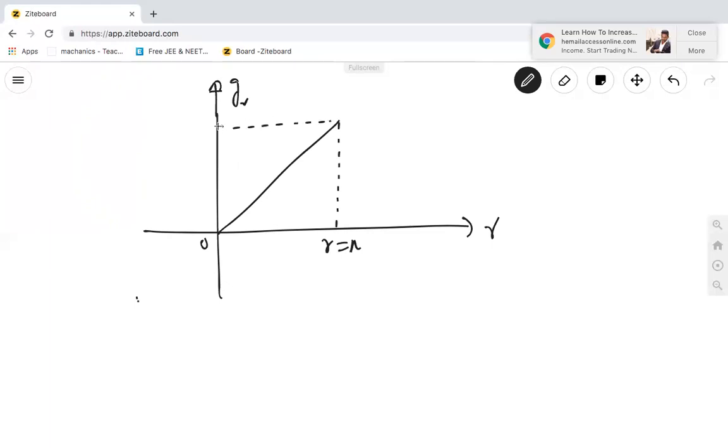It is GM by R square, that is 9.8 meters per second square. From the surface onwards, it decreases not exponentially, but hyperbolically. It's a hyperbolic function.